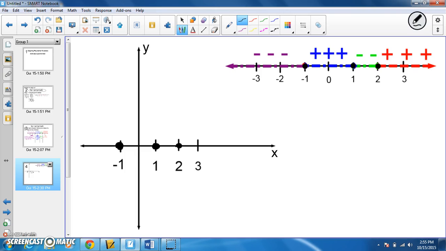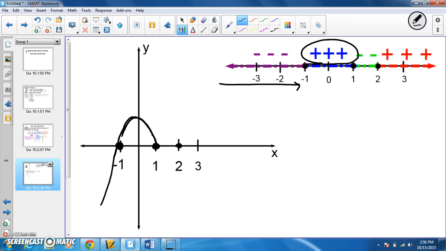Then the sign that is above each interval is telling us where we are going to have our graph, either below or above our x-axis. So we are going to start below our x-axis from negative infinity to negative 1, then above our x-axis from negative 1 to 1.